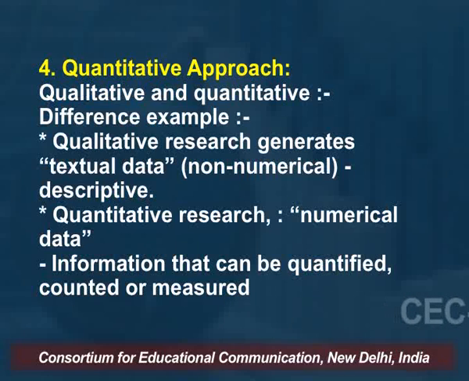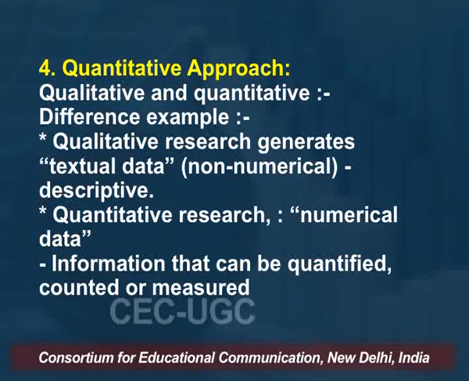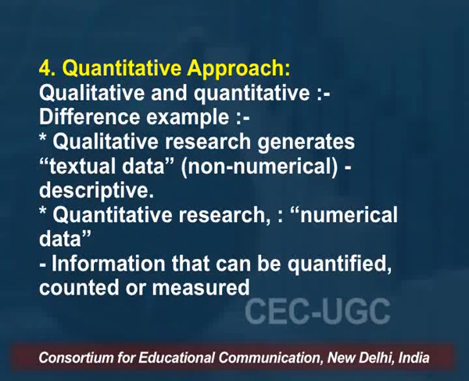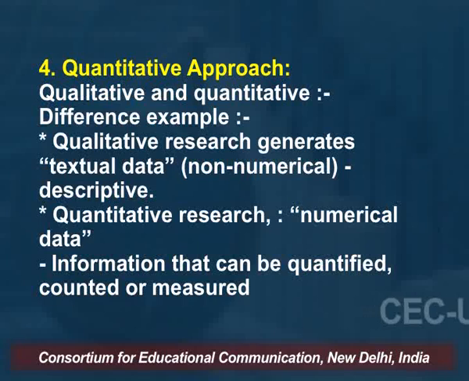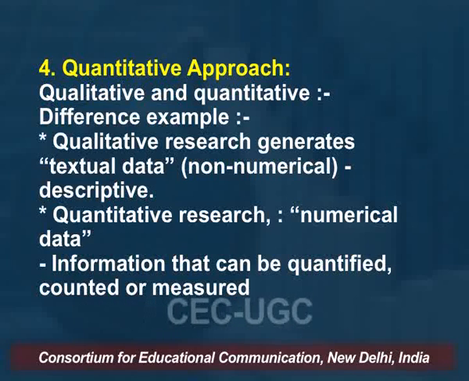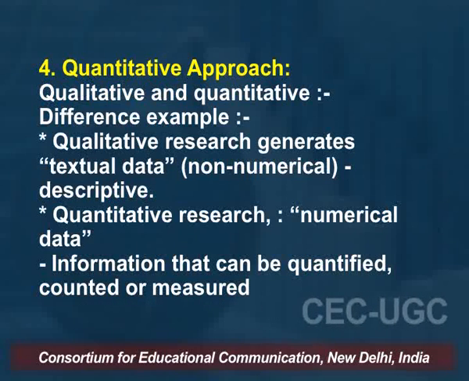Qualitative research focuses on the non-numeric part, that is, the qualitative aspects, the normative and the descriptive components of research. In contrast to that, quantitative research focuses on numeric data, that is, information that can be quantified, that can be measured, that can be counted.